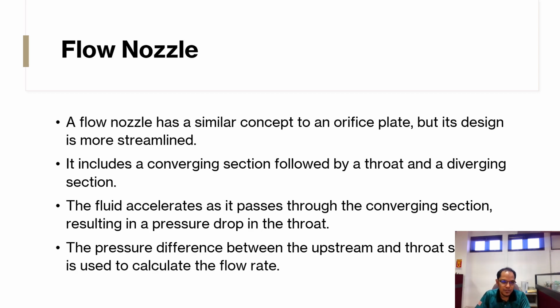Ini pula flow nozzle. A flow nozzle has similar concept to an orifice plate, but the design is more streamlined. It includes a converging section followed by throat and diverging section. The fluid accelerates as it passes through the converging section, resulting in pressure drop in the throat. And the pressure difference between the upstream and throat is used to calculate the flow.